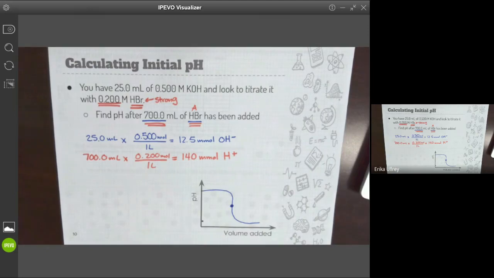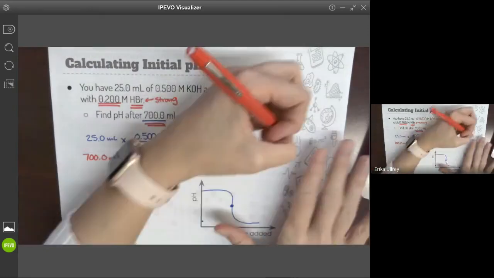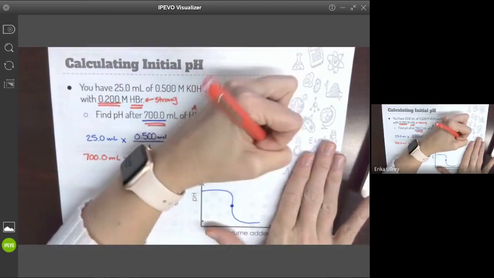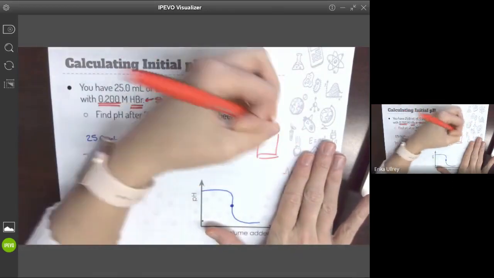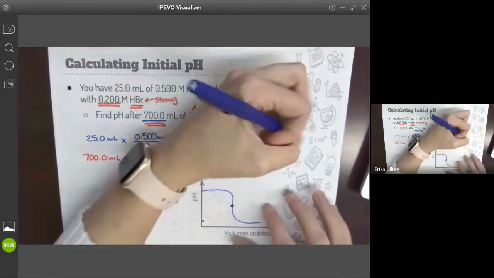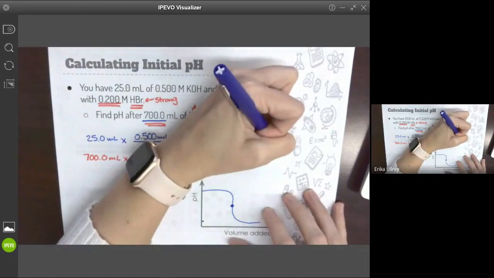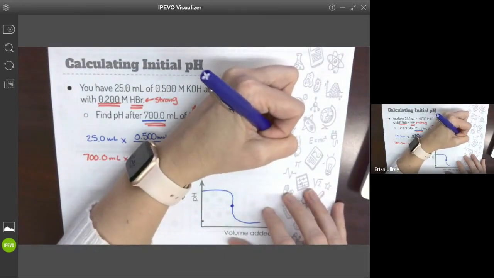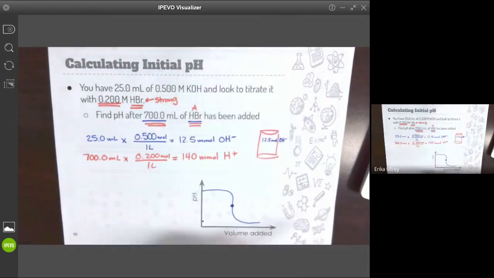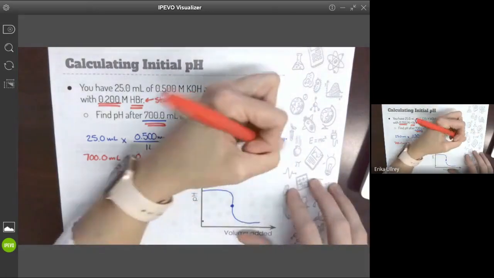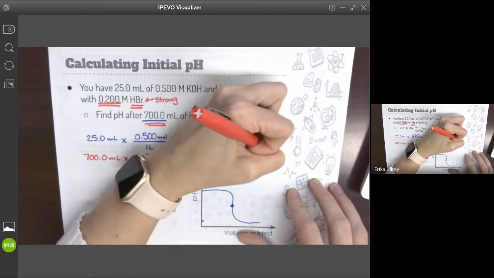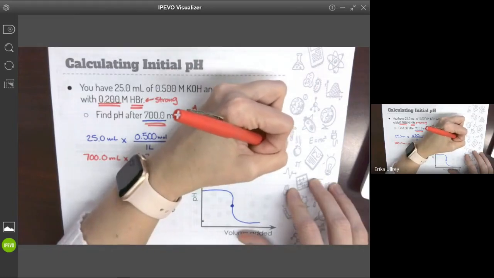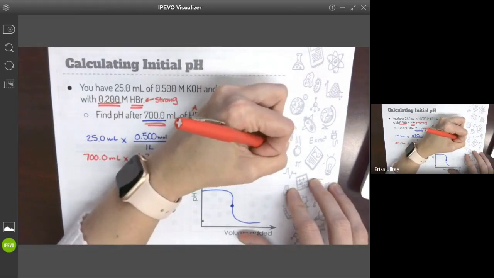So what that means is floating around in our solution, we had 12.5 millimoles of OH, and now we are adding to it 140 millimoles of H+.